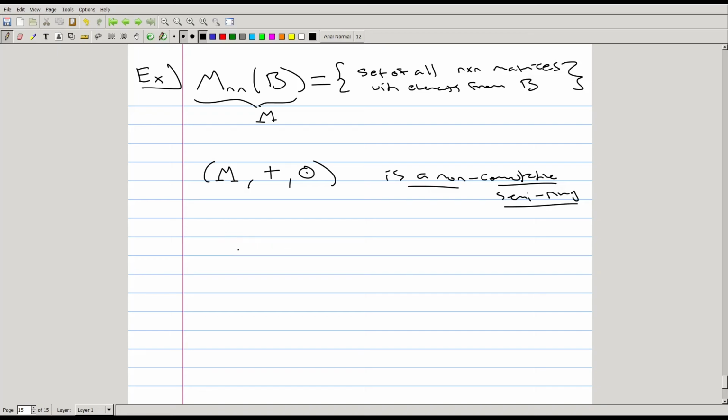Because the Boolean product A times B is not in general the same thing as the Boolean product B times A.